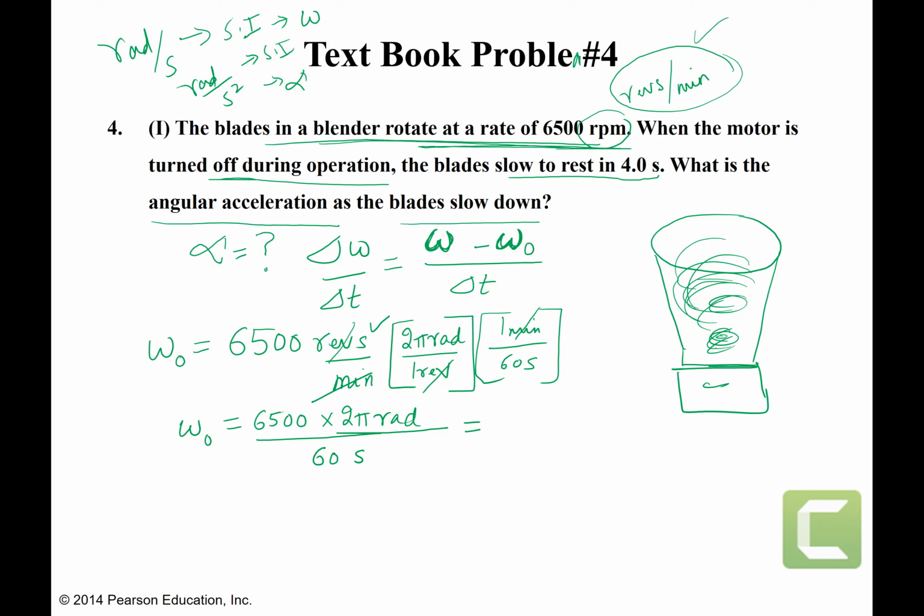Remember to switch your calculator to radian mode. Actually it's not needed, so you'll anyways get the answer. 6,500 multiplied by 2 pi divided by 60 should give you 681 radians per second.